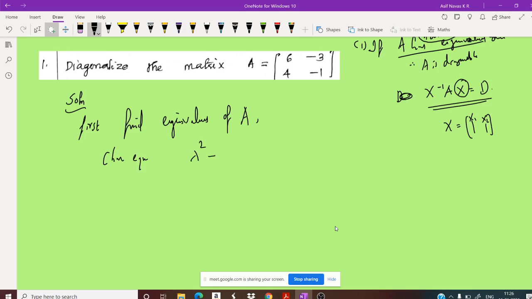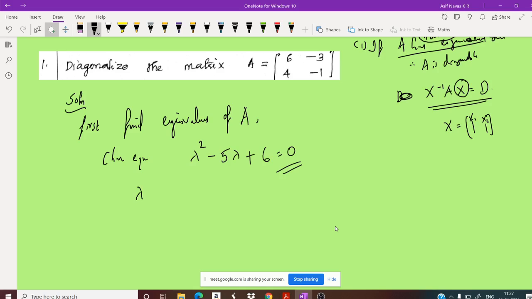Lambda square minus 5 lambda plus 6 is equal to 0, right?